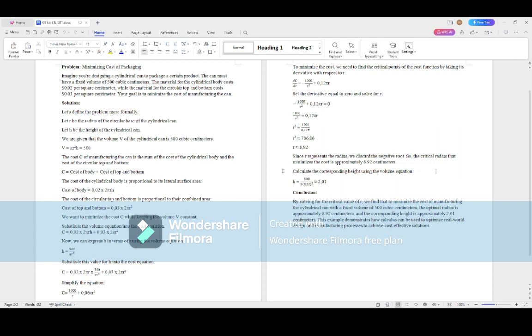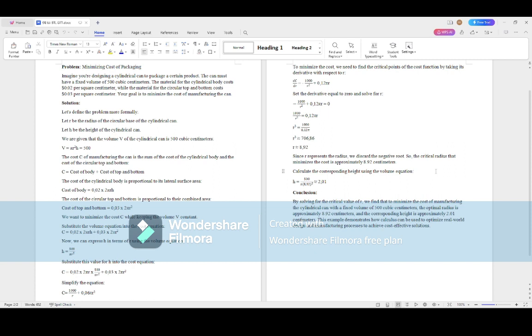First of all, cost savings. Minimizing the use of material can lead to substantial cost savings over time. In a competitive market, even a small reduction in manufacturing costs can result in higher profit margins.